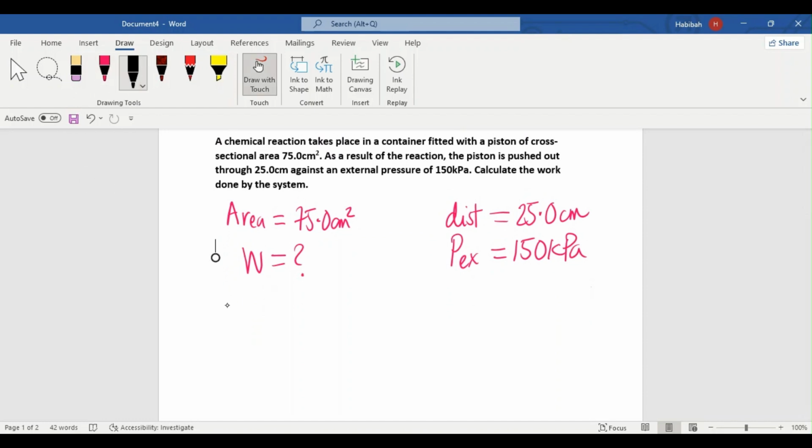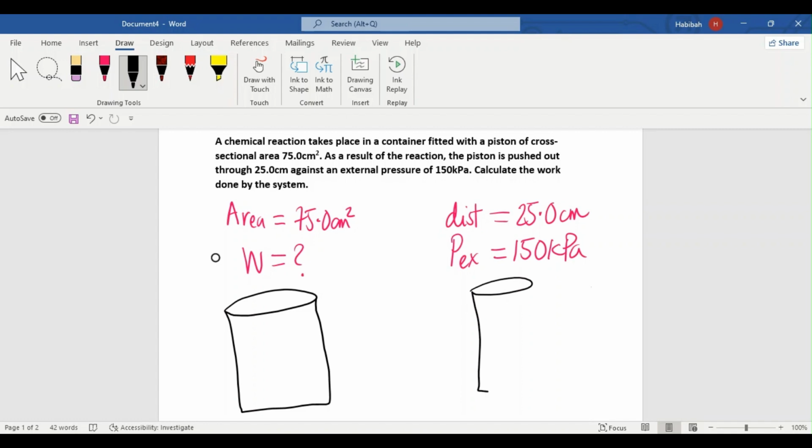So the first thing you do is you're going to draw the container before and after the reaction and everything that is going on in it. So the piston is what I'm drawing right now.